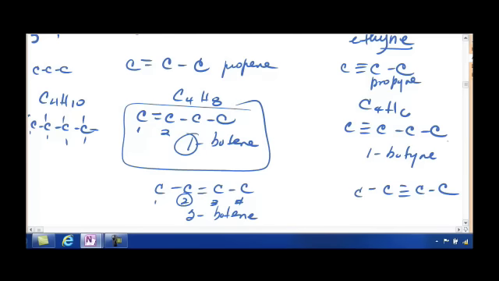Okay? If I put the triple bond not there, but there, that's not a 4-butyne. That's still a 1-butyne. I just go left to right. Same deal, so that the triple bond gets the lowest number.